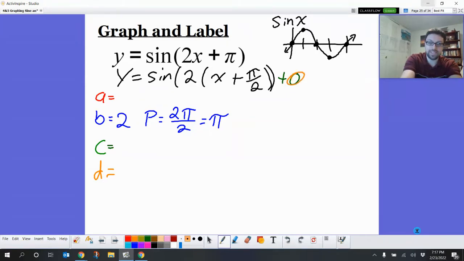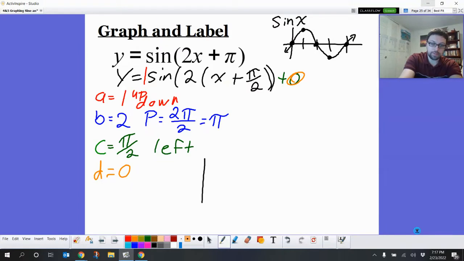So this is 0. So we're going 0 with our sinusoidal axis. Our C value, that was the one that was causing us trouble. It is pi over 2, and we want to shift that to the left because it's all backwards and weird on the inside of that function. Our amplitude, our A value is 1, so that's how far up and down we've got to go.